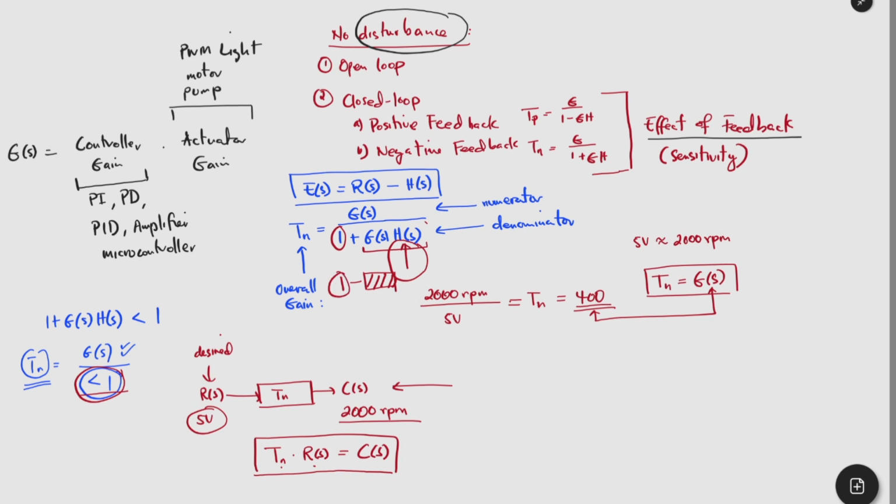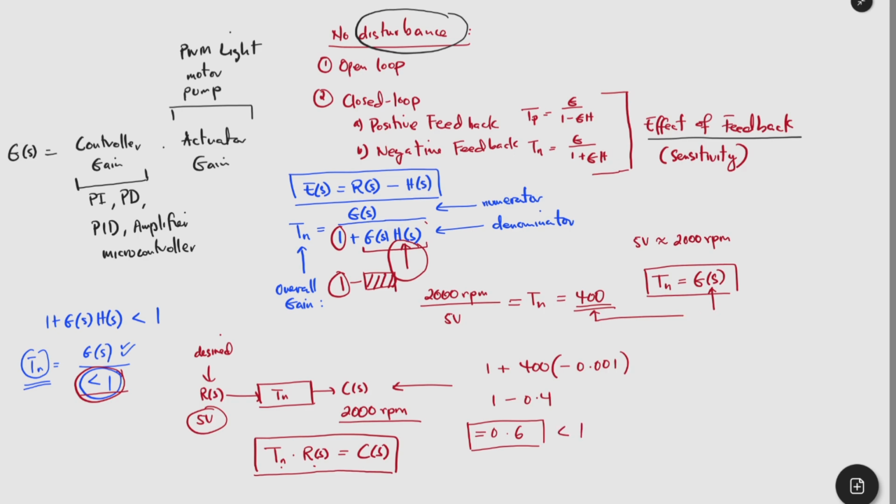And in the analysis, if we have G of s equivalent to 400 and we have the feedback which measures the output as 0.001, we now should have 1 minus 0.4, which gives us 0.6, and this 0.6 is less than 1.